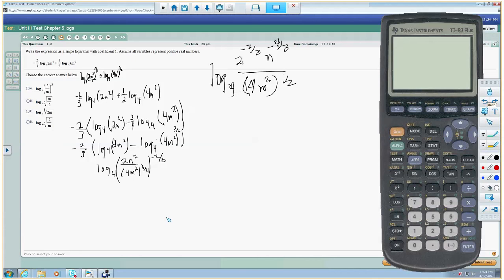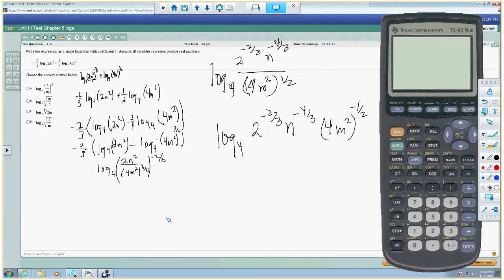That negative 1/2, I can bring it what? It's 1/2. That's a negative times a positive. Well, yeah, bring it up. So that's going to be 1/2. Log base 4, 2 to the negative 2/3, m to the negative 4/3, and 4m squared to the what?